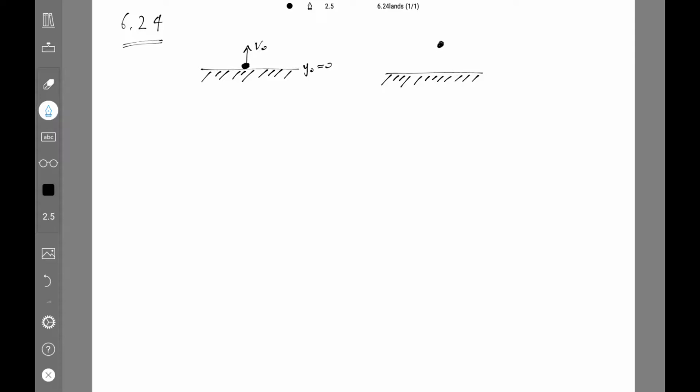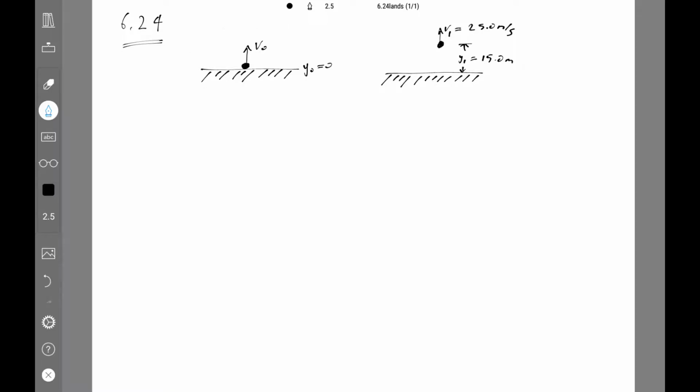And then second, it's got some velocity, what was it, 25 meters per second, and a height, y1, that's equal to 15 meters above ground.